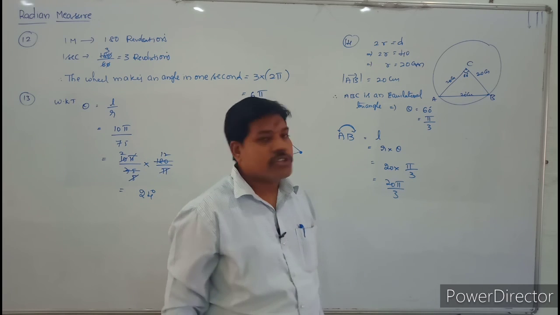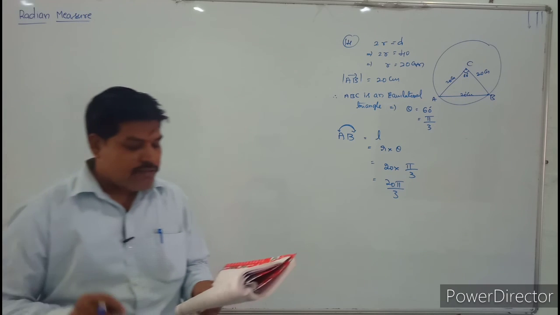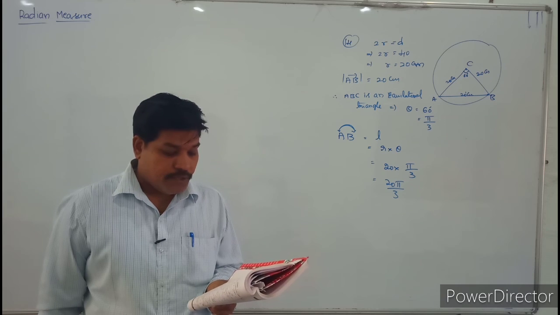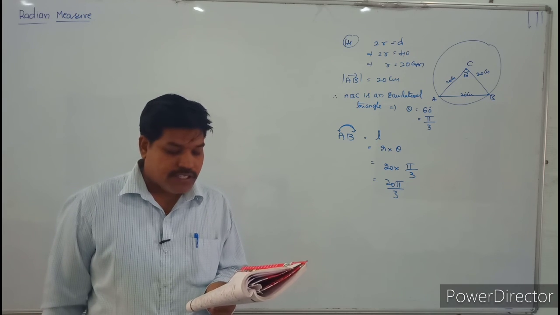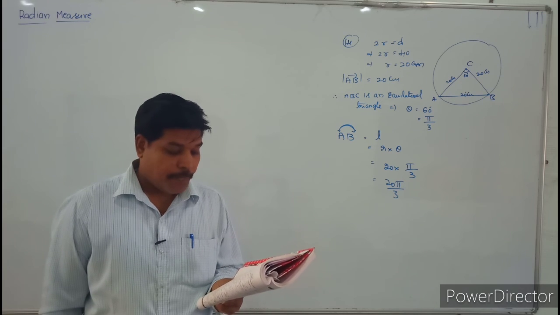Okay, see that question, students. Question number 15. The area of the circle is 16 pi square centimeters. The central angle of a sector of the circle is 45 degrees.